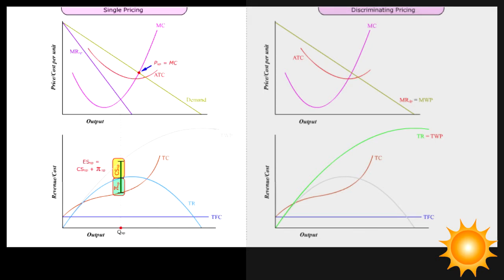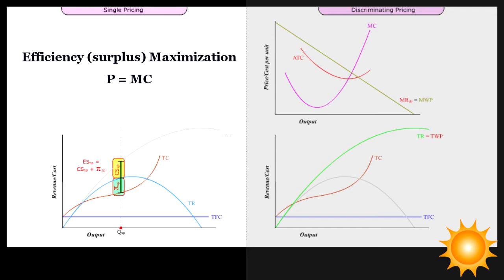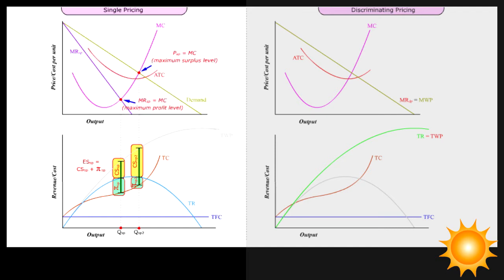Economic surplus is maximized when P is equal to MC. When economic surplus is maximized, economic efficiency is by definition maximized because the marginal benefit indicated by P from consuming it is equal to the additional cost, MC, of producing it.